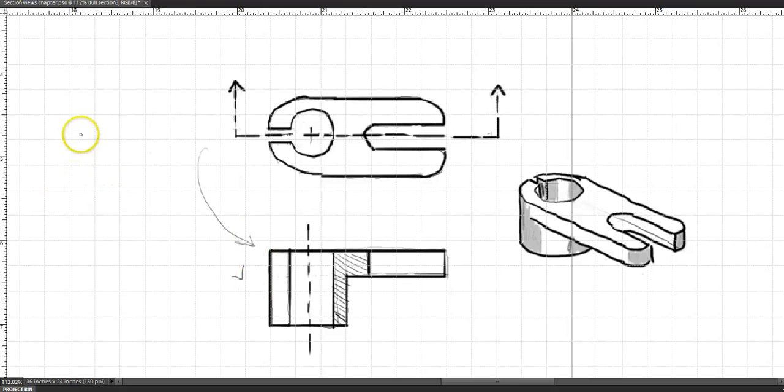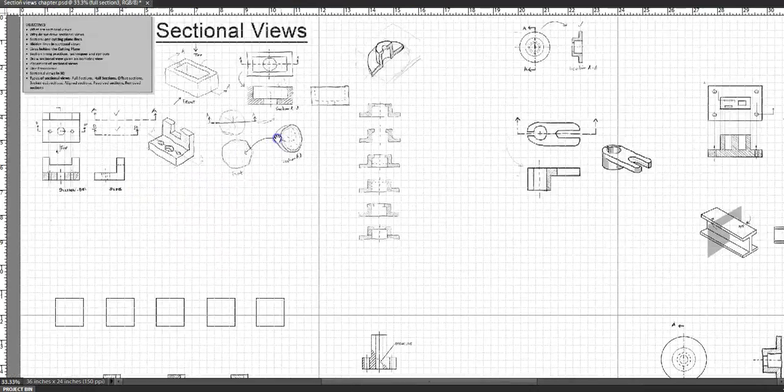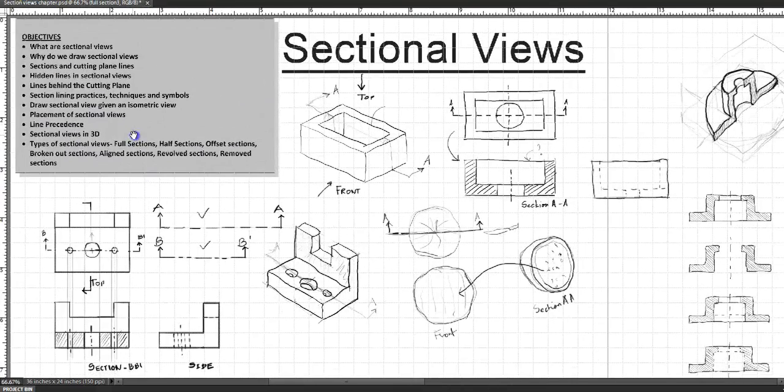So it's important to make sure that you are not missing any object lines that you are not cutting through. A lot of people make that mistake, get confused with the object lines, and forget putting those in. Even if you forget to put one line, then your object is off. So you have to be careful, and it does take a little time to get used to sectional views. But you practice a little bit and then you should be fine.